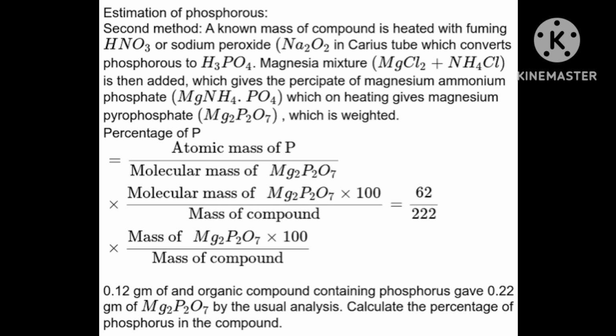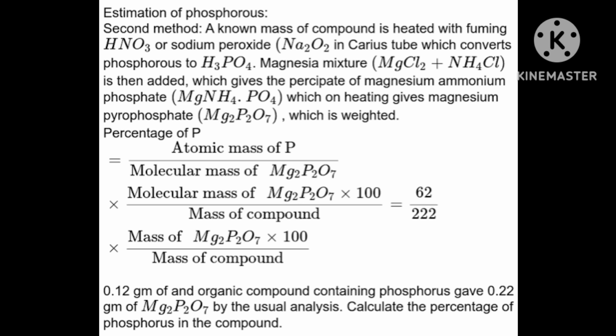Now you got the phosphoric acid, and it is precipitated as ammonium phosphomolybdate. This formula you always remember. It is in three parts: ammonium formula, phospho formula, molybdate formula.